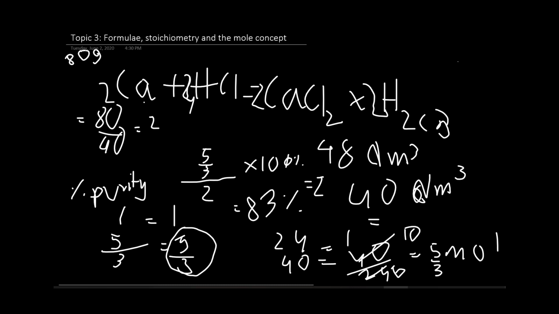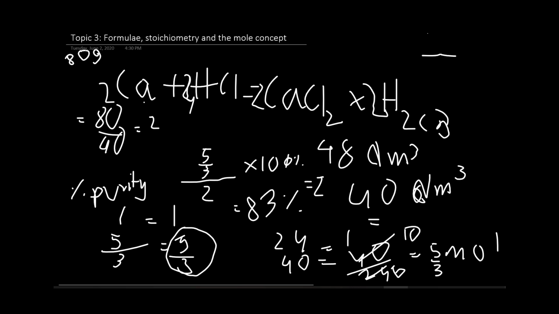In percentage yield, as we had seen, you put your actual yield on top. You need to convert it to mass. So we had 40 dm cube, which was our actual yield, which means 5 by 3 mole. Just convert 5 by 3 mole to mass.